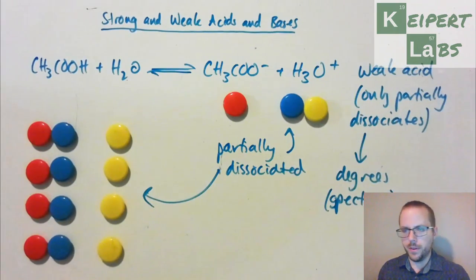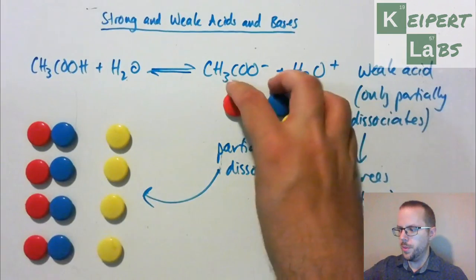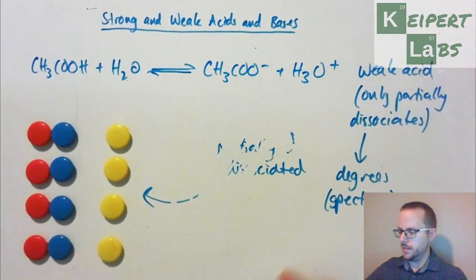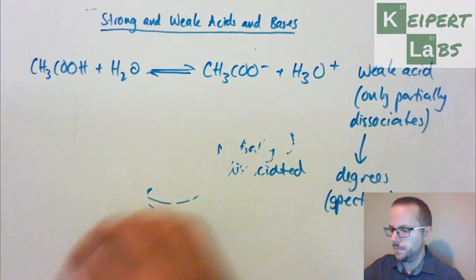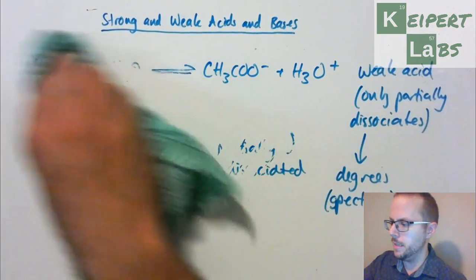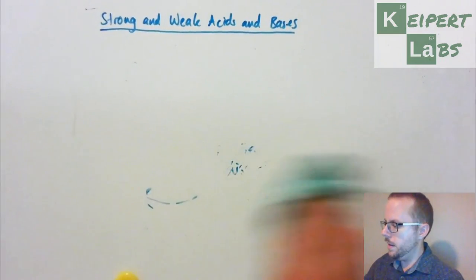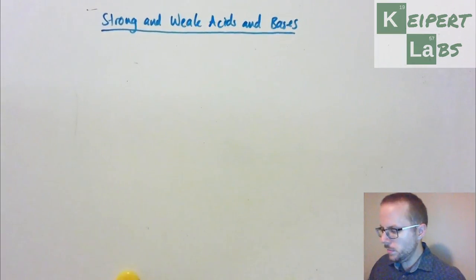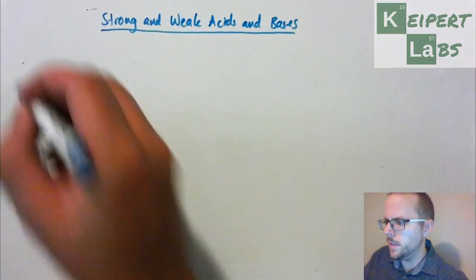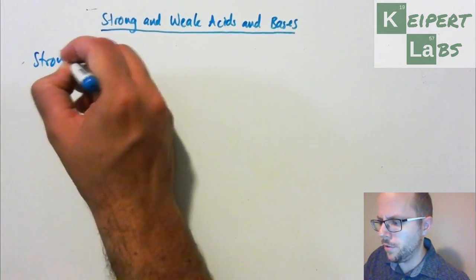Okay, I'll very quickly show you examples of strong and weak acids, and weak bases, just to show you that it's not just limited to acids. So we'll have a look at an example of a strong base.